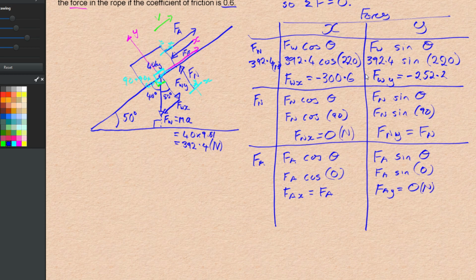Just stick our newtons on the end of there. Don't want to lose any marks for not having units. We won't put units there because we don't have a number to put it with. We could, but I won't, because if I've got the letter there, I might want to substitute something into it, but when I've got a number, I'm going to have the unit there as a whole answer.